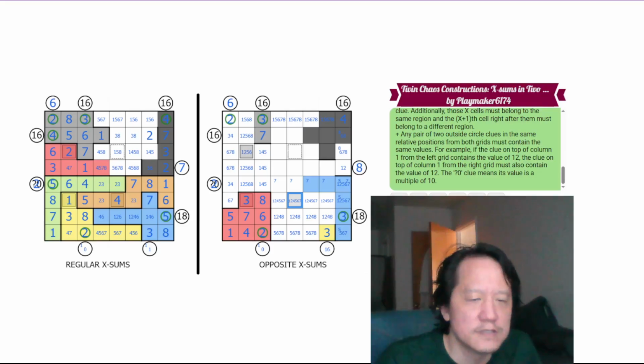Dark needs access to an 8. One of these 3 is going to be 8 here. So dark needs access to an 8.